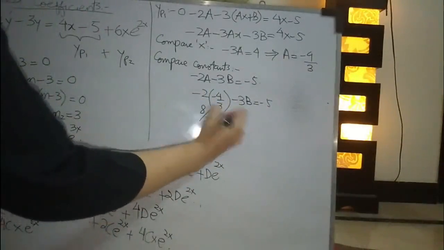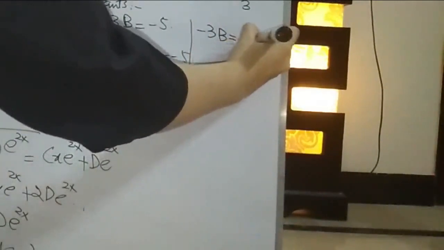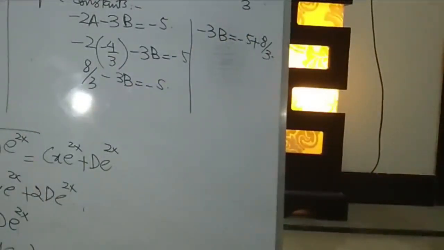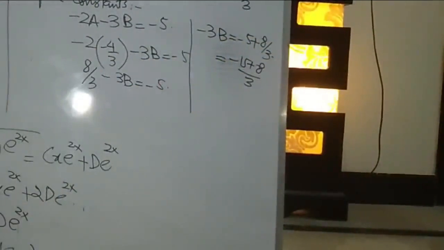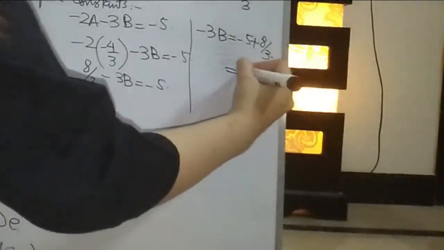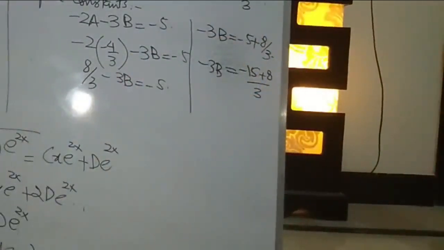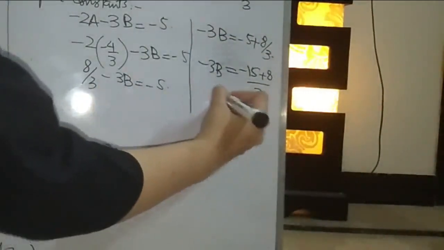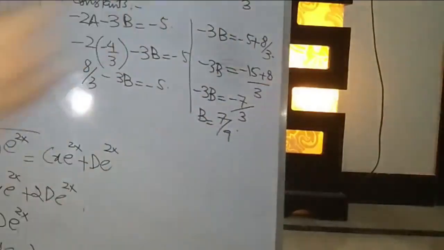Doing simple algebra, minus 3b equals minus 5 minus 8 by 3. Taking the LCM, minus 15 minus 8 by 3 gives minus 23 by 3. So 3b is 7 by 9.